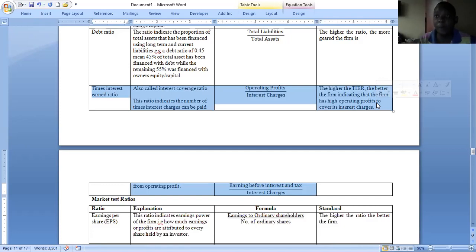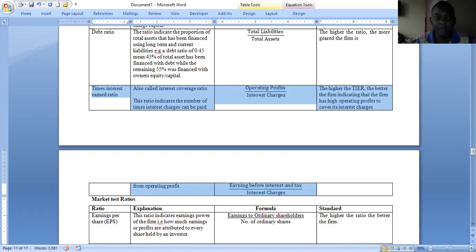It's out of the operating profit that the business pays interest. So the higher the operating profit, the more the business is able to pay for interest charges on debt. So the higher the times interest earned ratio, the better for the firm, indicating that the firm is able to generate sufficient profits to cover its interest charges.